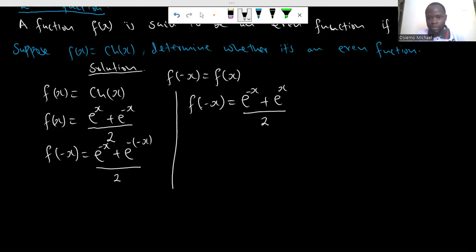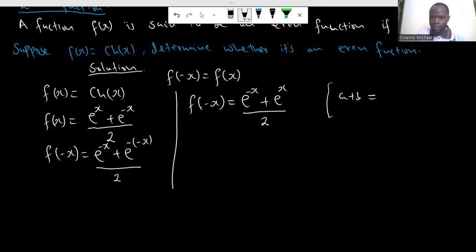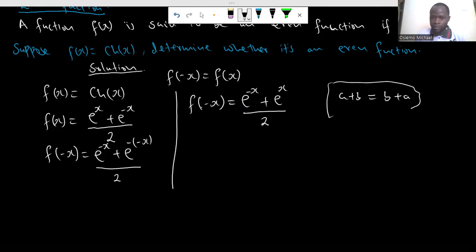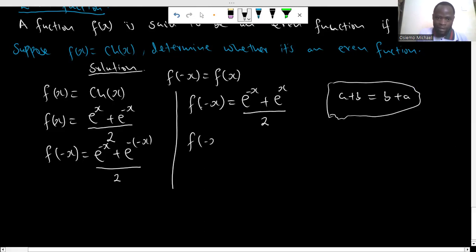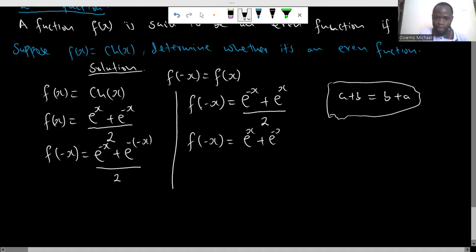So addition is commutative, and so it means that a plus b is still the same as b plus a, right? And so in the numerator, we can still interchange our two parts of the function. So we have f at negative x equal to exponential x plus exponential negative x over 2.